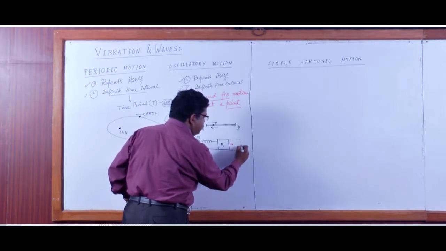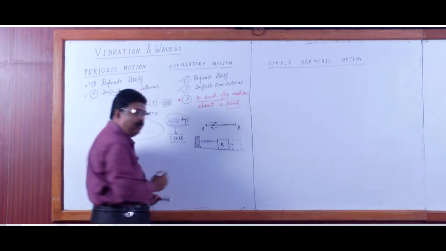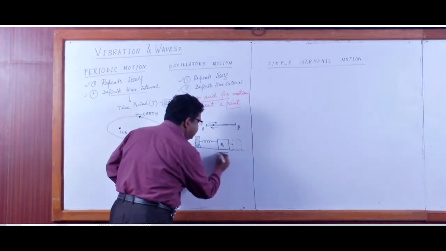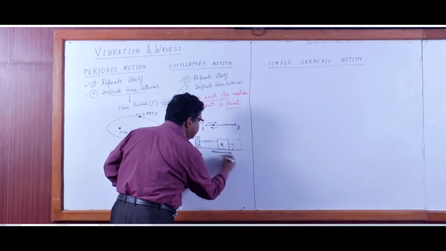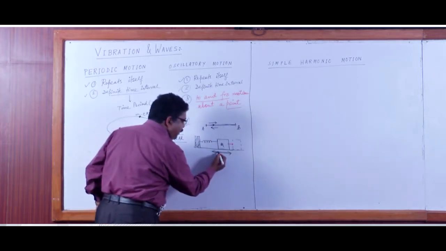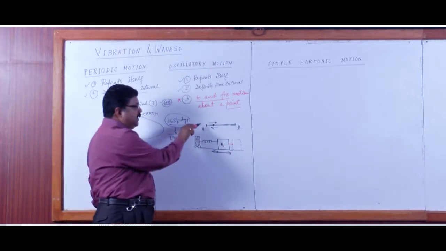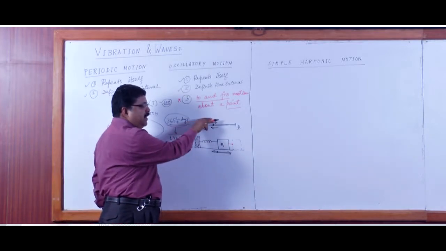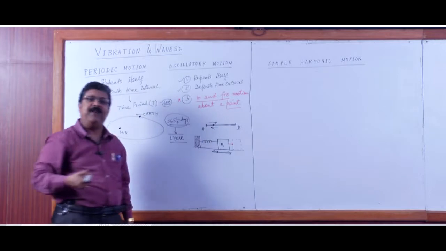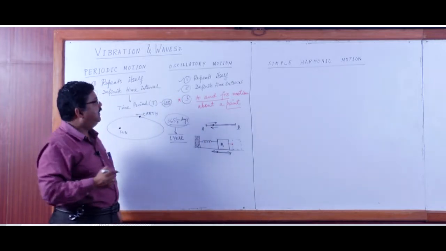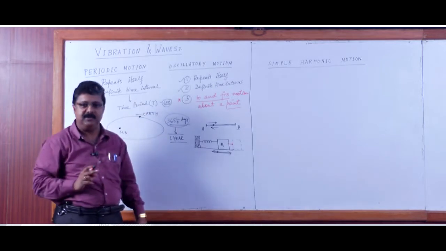The spring gets elongated, and the body moves like this. At any point along the length of the path, we'll find that at one point of time the body is moving from left to right, and at another time it is moving from right to left. These types of motions that we encounter are called oscillatory motions.